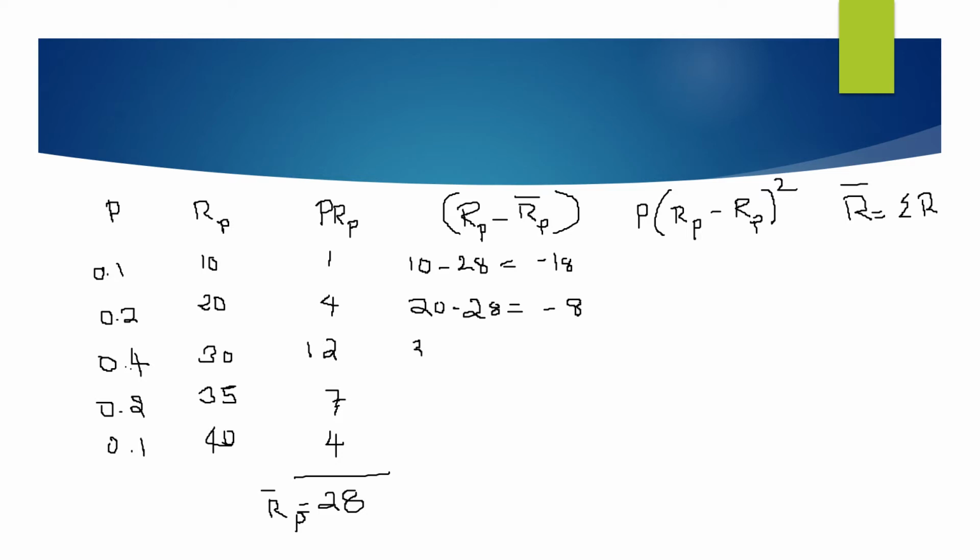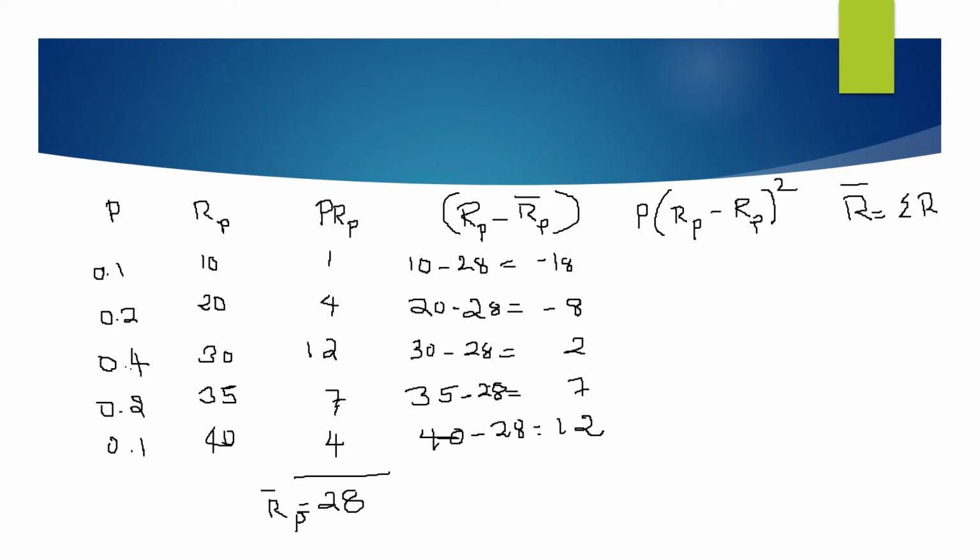Same way for all the values: 30 minus 28 is 2, then 35 minus 28 is 7, and last, 40 minus 28 equals 12. So this is RP minus R bar P.